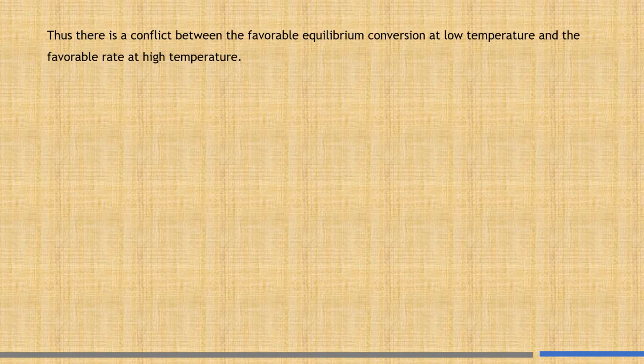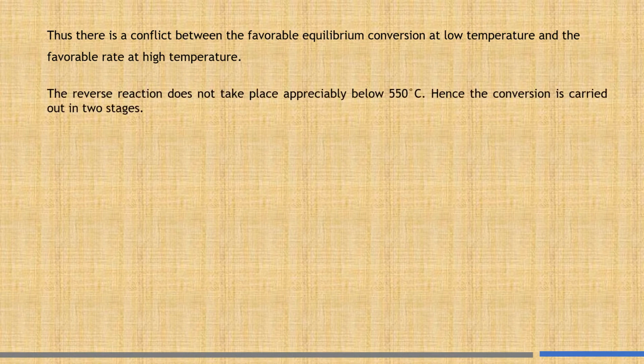Thus, there is conflict between the favorable equilibrium conversion at low temperature and the favorable rate at higher temperature. The reverse reaction does not take place appreciably below 550 degrees Celsius. Hence, the conversion is carried out in 2 stages.